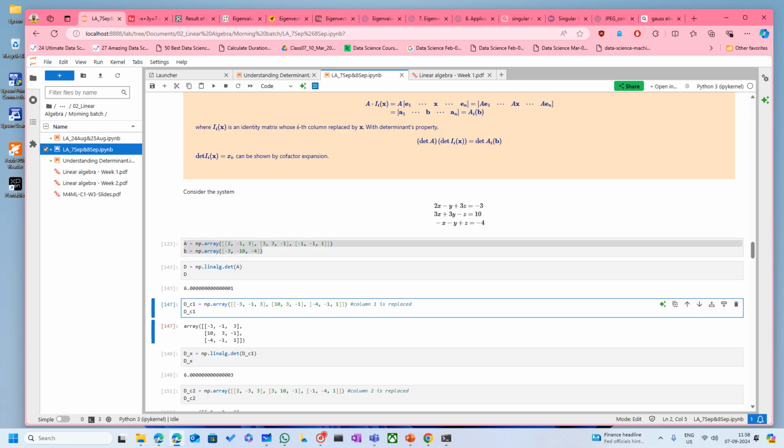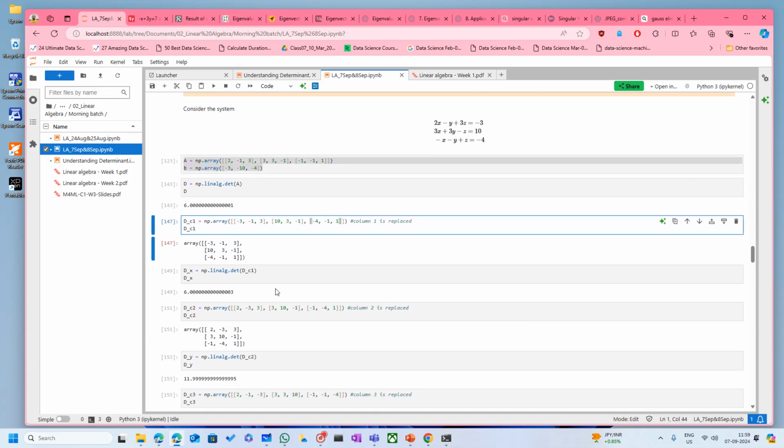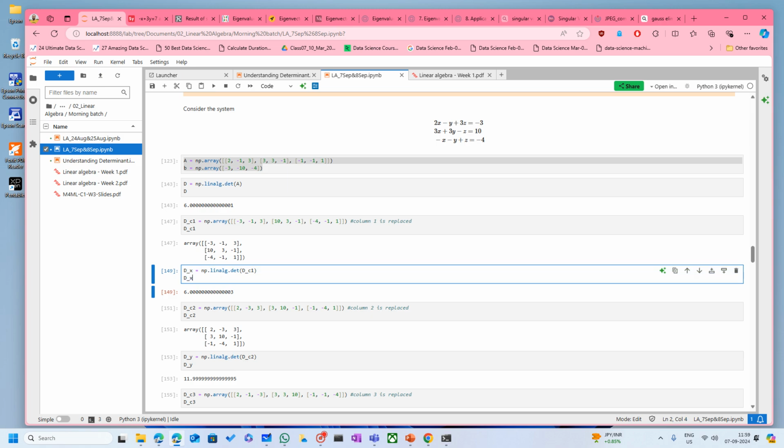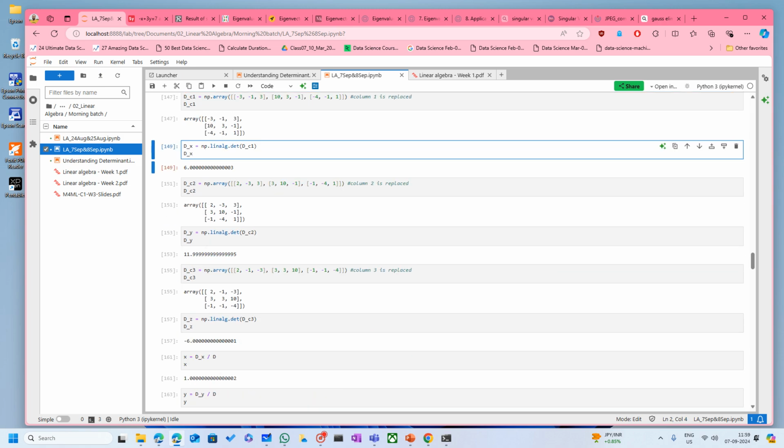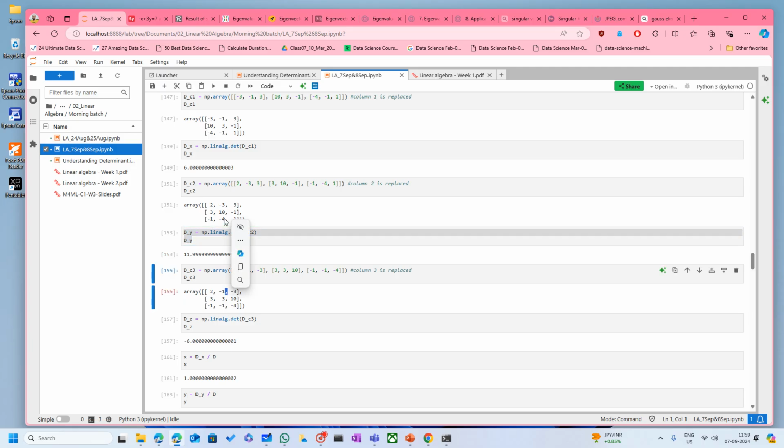Likewise, we calculate the determinant for y after replacing the second column, again with minus 3, 10, minus 4.